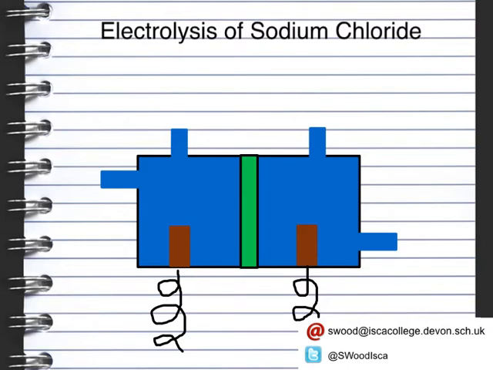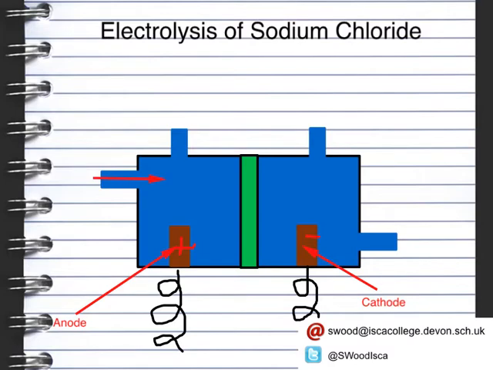I'll just run through a few parts of it. At the bottom here, we have the anode, which is the positive of the two electrodes. On this side, we have the cathode, which is the negative electrode.